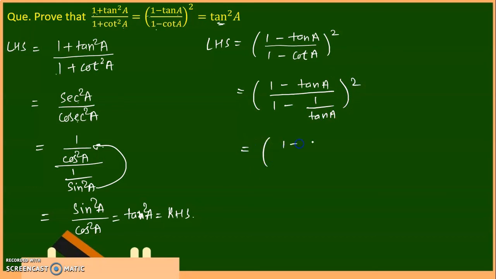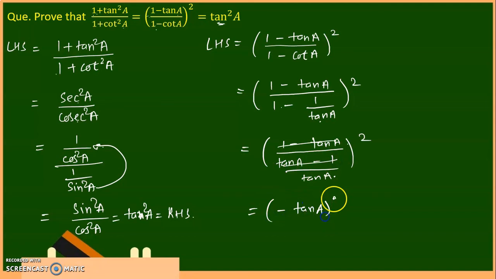Now in the denominator if you take the LCM, this tan A will be multiplied here, so we get tan A minus 1 divided by tan A whole square. So this tan A will go to the numerator, and 1 minus tan A and tan A minus 1 cancel out up to a sign, so here we will get minus tan A whole square, and that will be equal to tan square A, which is given on the right hand side.